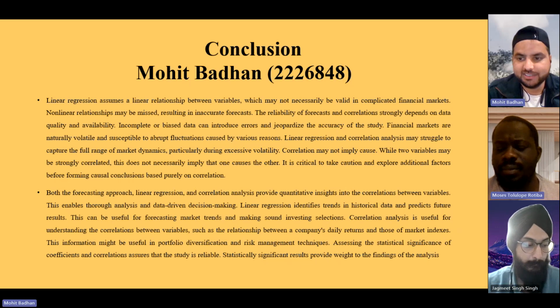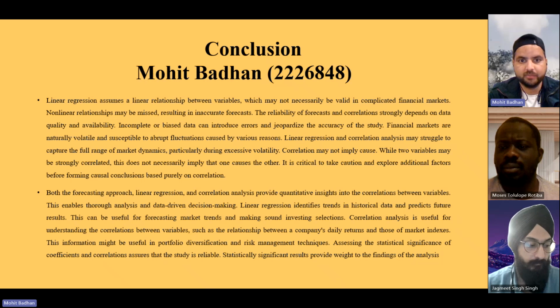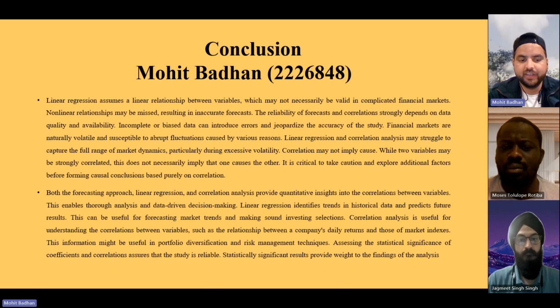As discussed by the other team members, Moses, Jagmeet, and the other three members, in the quantitative insights like linear regression and correlation analysis, we have discussed data-driven decision making, how we can make decisions and predict the future using linear regression.